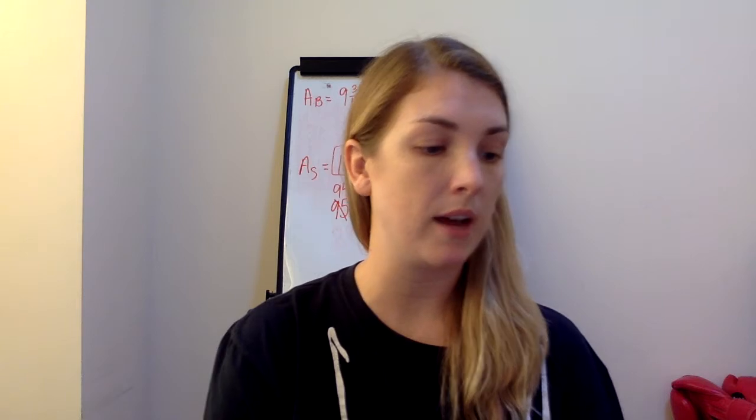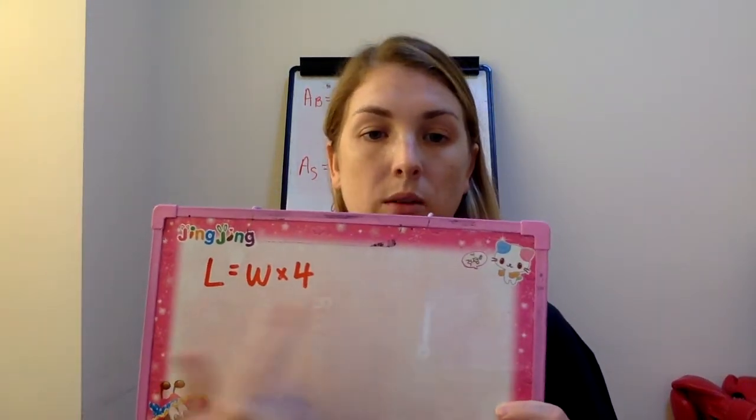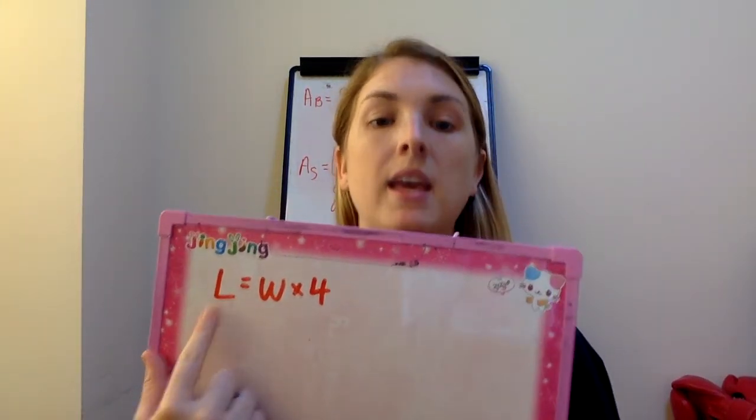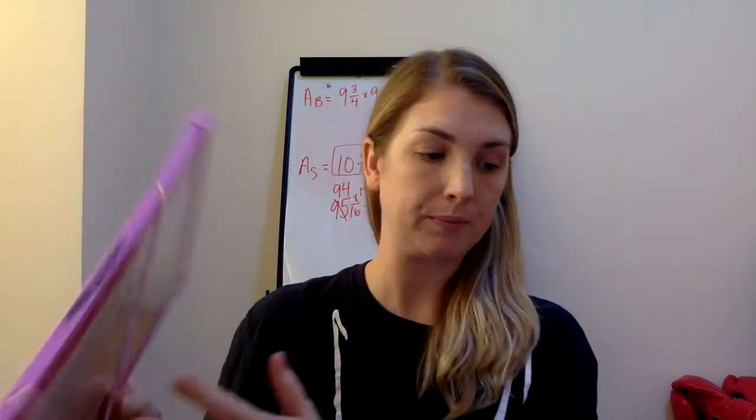It says the length of a flower bed is 4 times as long as its width. If the width is 3/8 meter, what is the area? All right, so I know I'm finding the area. They've given me the information that the length is 4 times as long as the width. So my length is the width times 4.